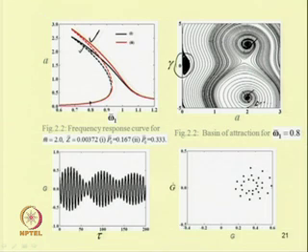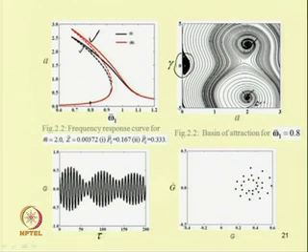For example, if one takes an initial condition of amplitude equal to 2 point something and a phase nearly equal to 4 point something, it will lead to this upper non-trivial branch, though both the branches are non-trivial. This branch has higher amplitude and this branch has lower amplitude.